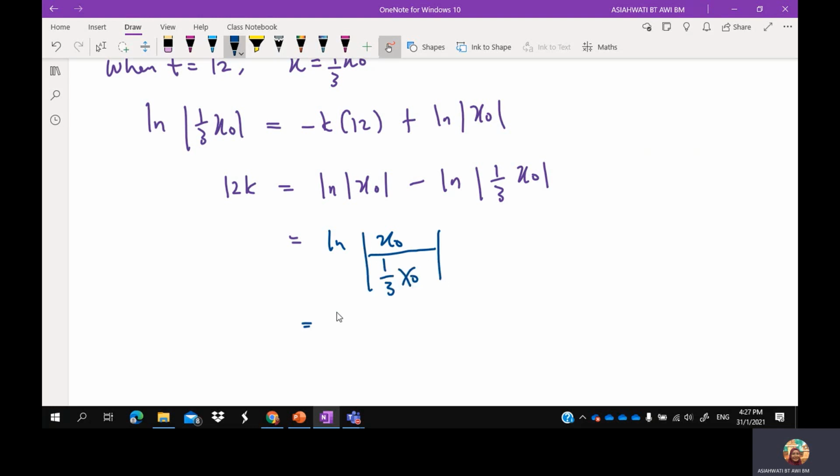Simplify, cancel x naught, so that it is ln 3. Therefore k is equal to ln 3 over 12. Done for k. Okay, next step.